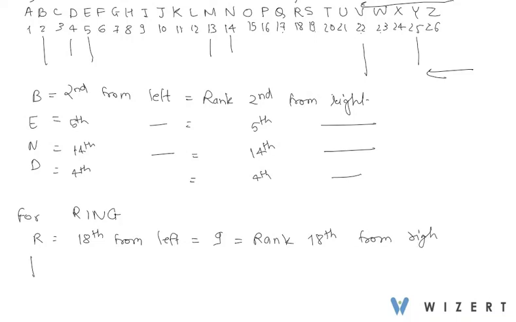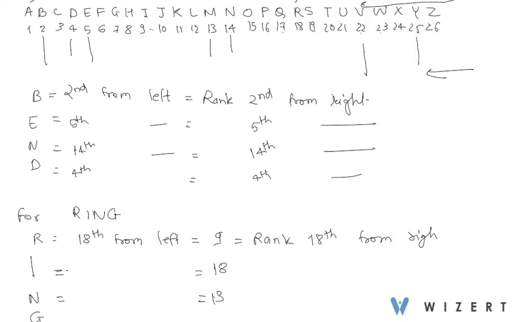Similarly, for R, I, N, and G. I is 9th from left, so its rank will be 9th from right, which is 1, 2, 3, 4, 5, 6, 7, 8, 9th from right, which is 18. So for I, the number is 18. For N, we know the number is 13.